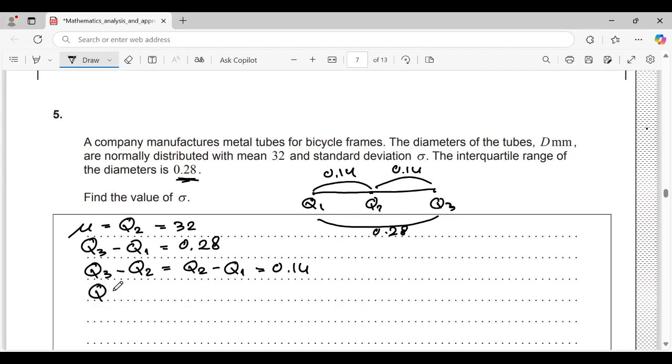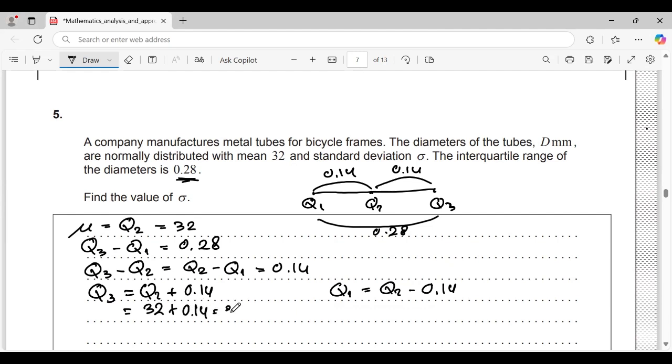It means we can determine the third quartile equals the second quartile plus 0.14, and the first quartile equals the second quartile minus 0.14, because second quartile minus first quartile is 0.14.